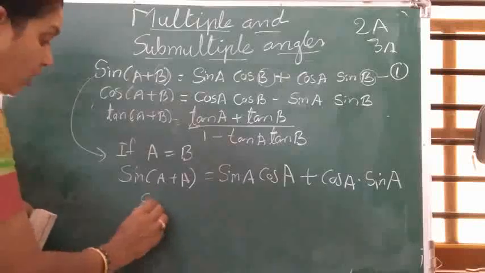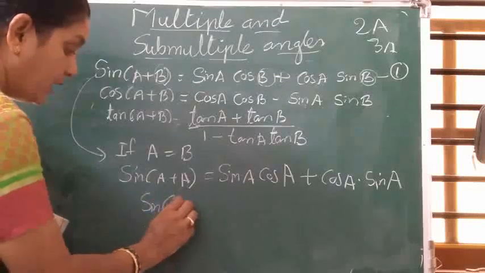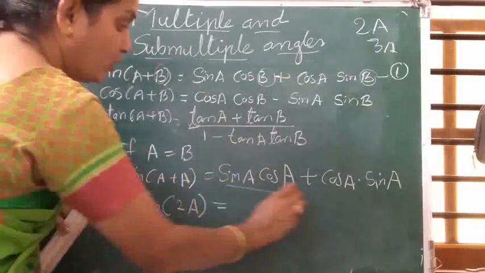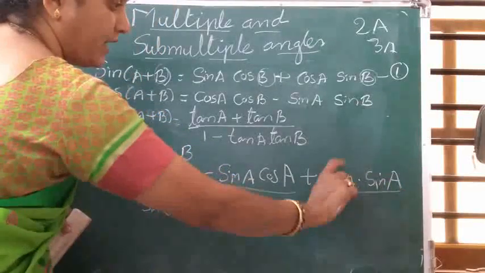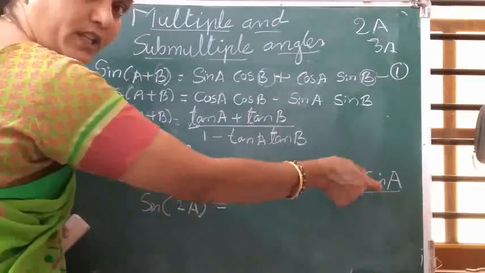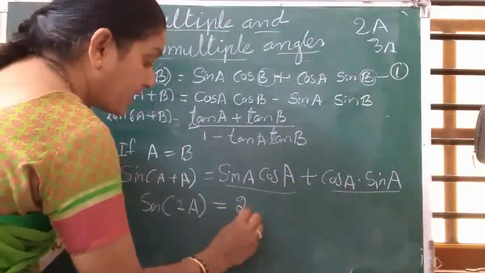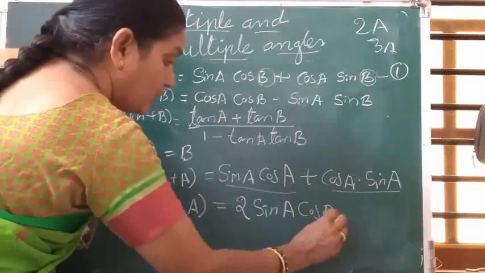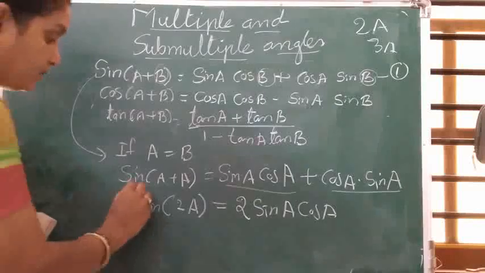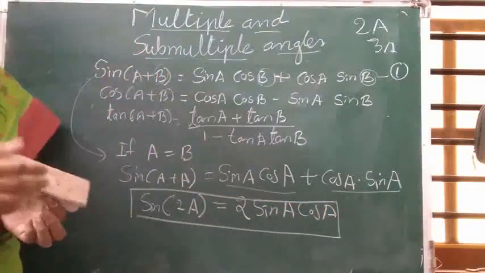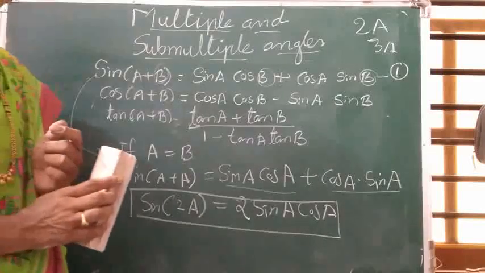Now sin of a plus a means there are two a's. Sin a into cos a is the same as cos a into sin a, the commutative property holds good. So there are two terms of sin a into cos a. Thus, we have the formula sin 2a is 2 sin a into cos a.